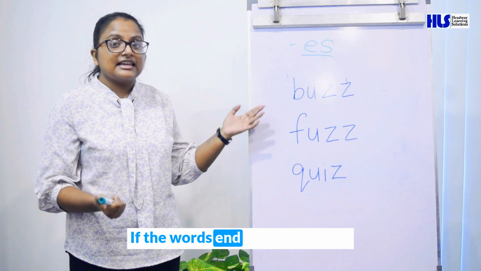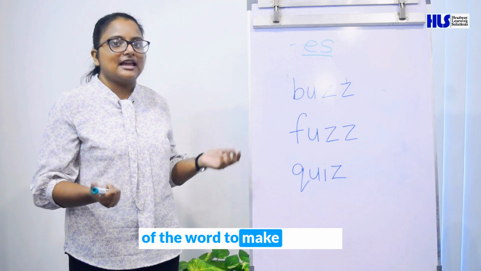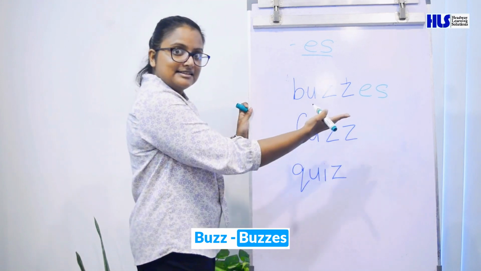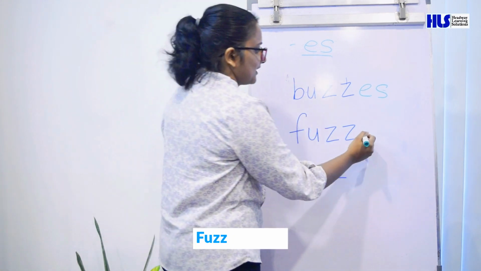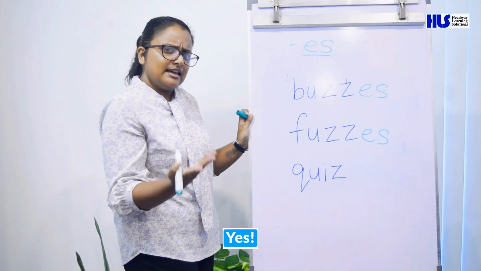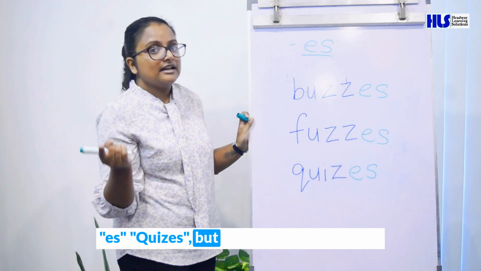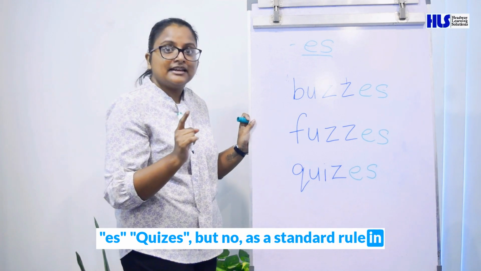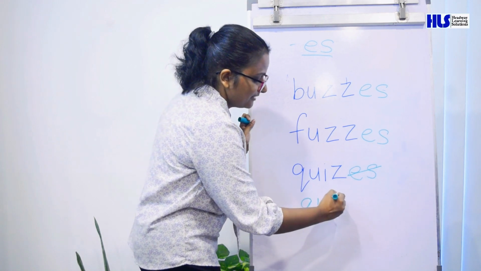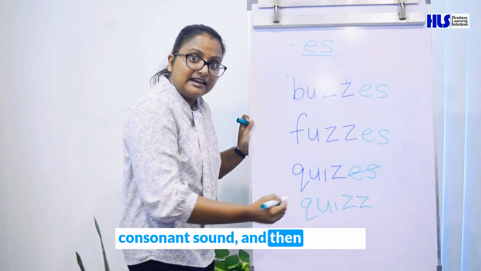Right, the sixth instance. Can you see these three words? So, this is the sixth rule. If the word ends in the letter z, you have to add es at the end of the word to make it plural. Buzz. Buzzes. Fuss. Fusses. Now move to this word, quiz. Yes, you might think, well yes, we have to add es, quizes. But no. As a standard rule in English, before adding es to the word, you have to double the last consonant sound and then add es.